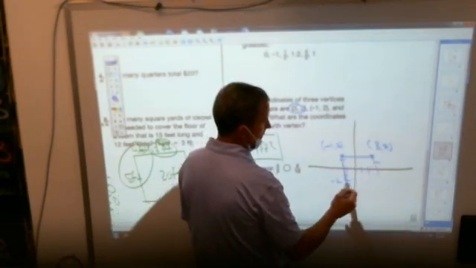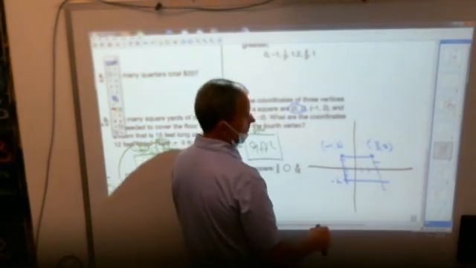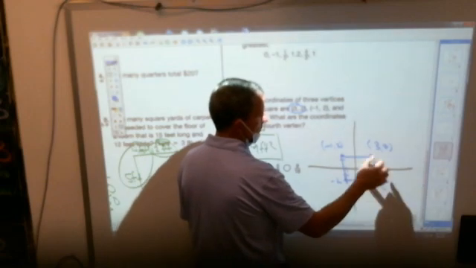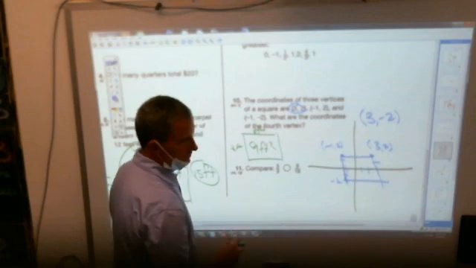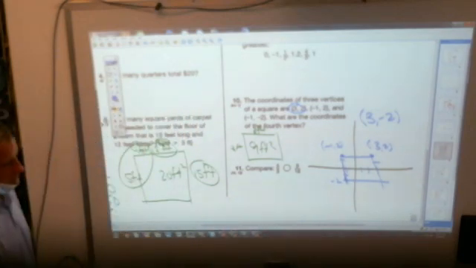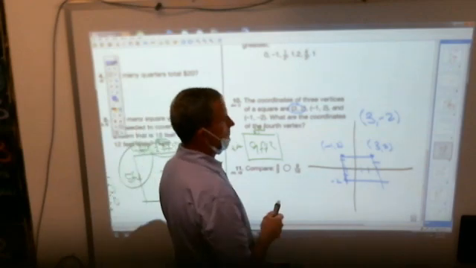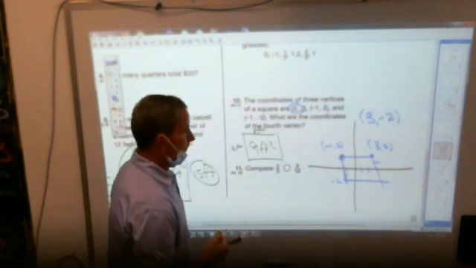Where's the other one going to be? Well, it's going to be straight across here and straight down from there, which is 3 over and 2 down. Where did we go wrong there? I put negative 1, 2, then negative 2. That'll do her every time.